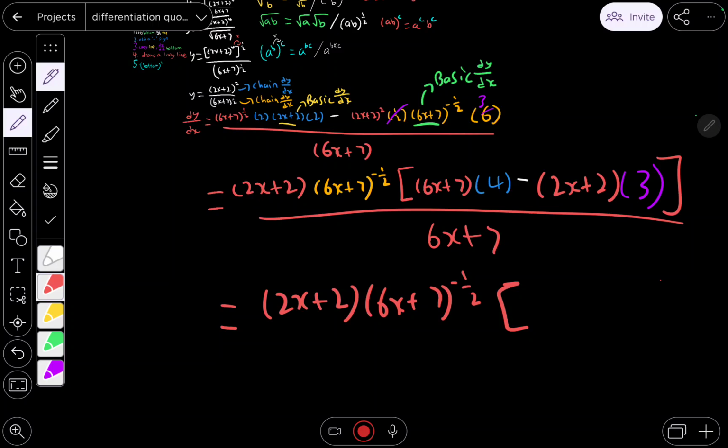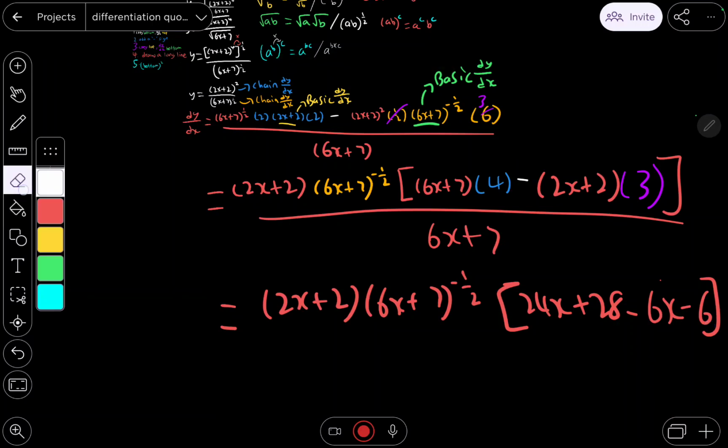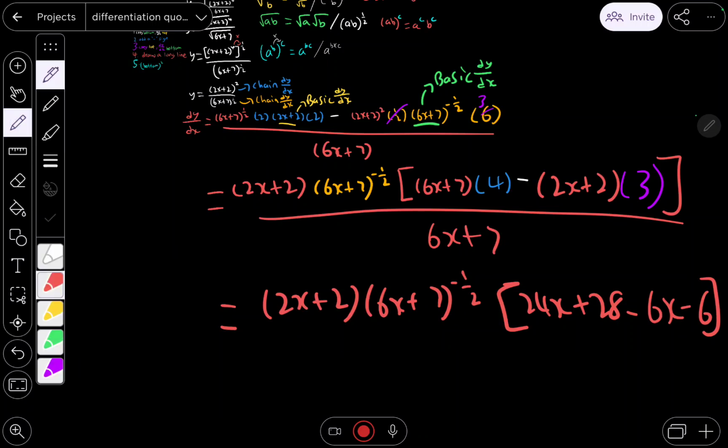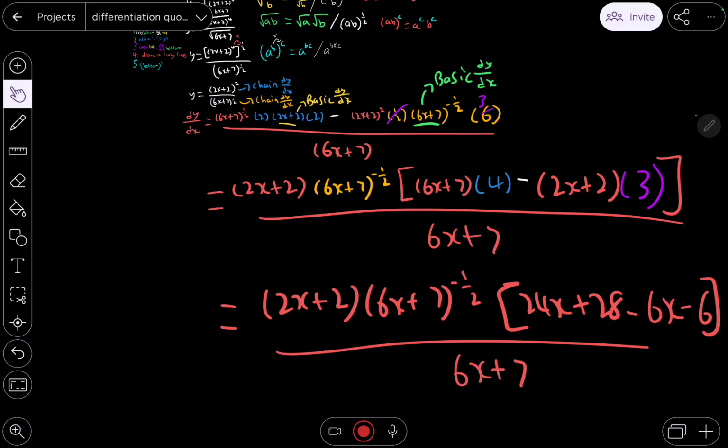So it'll be 24x plus 28 minus 6x plus minus 6. Sorry, close. But actually from here, never mind, I will still write in square bracket because I have a lot of round brackets here, as you can see. So it'll be over 6x plus 7.